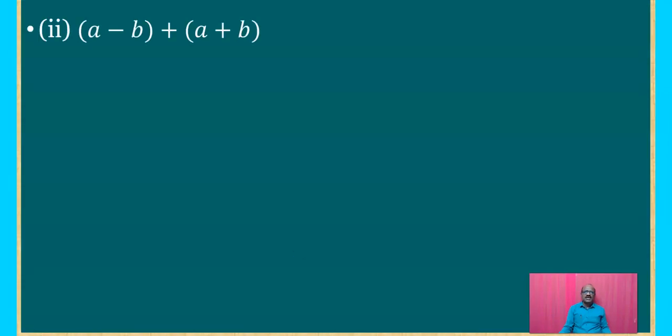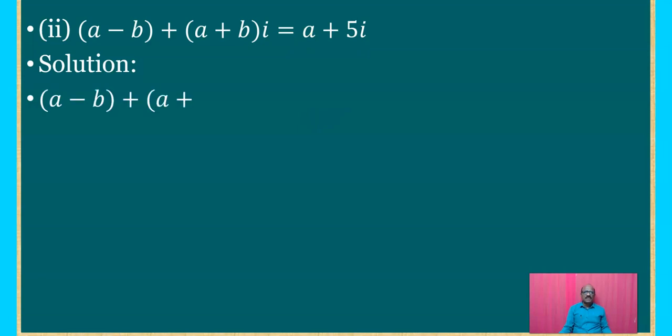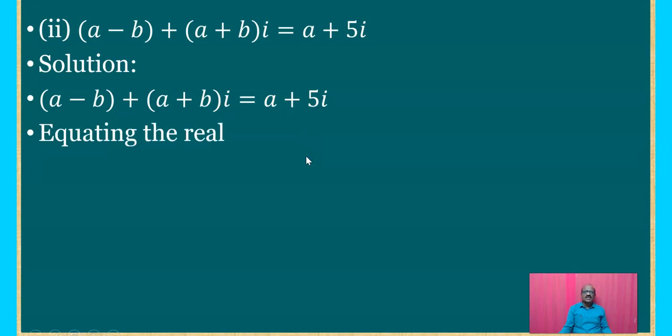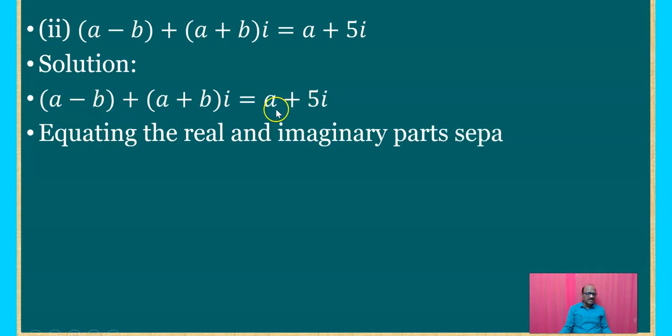Second one, a minus b in first bracket plus second bracket a plus b bracket completed into i is equals to a plus 5i. Now the solution, a minus b plus a plus b bracket complete i is equals to a plus 5i. Now again equating the real and imaginary part. What is the real part here? a minus b and here is a.